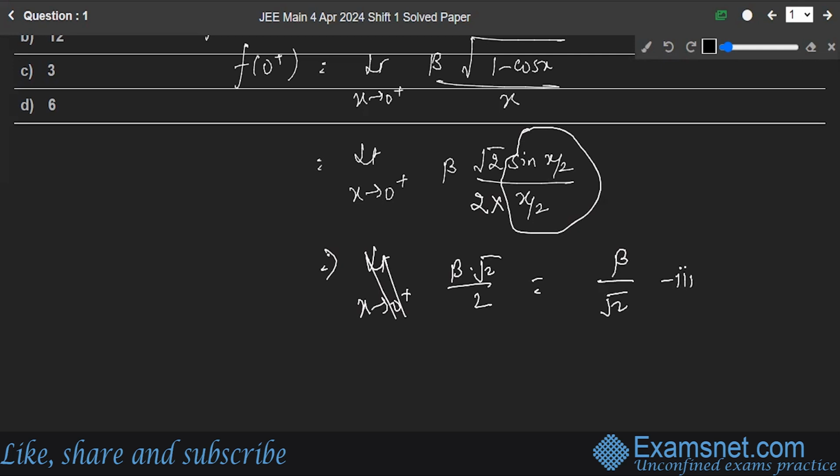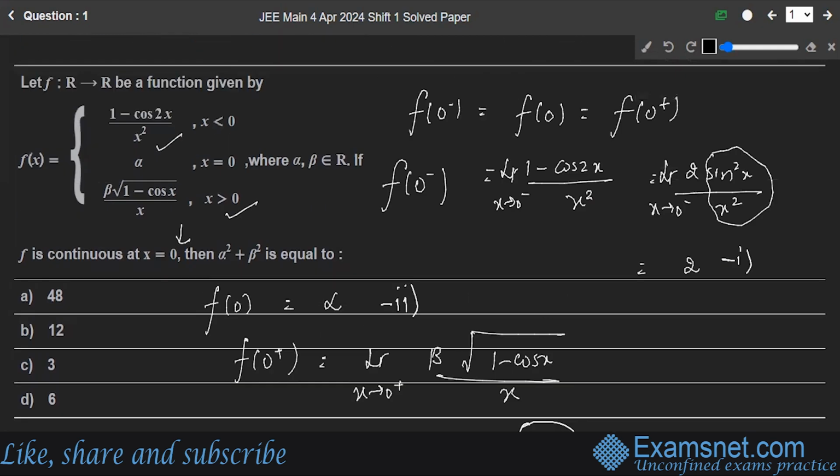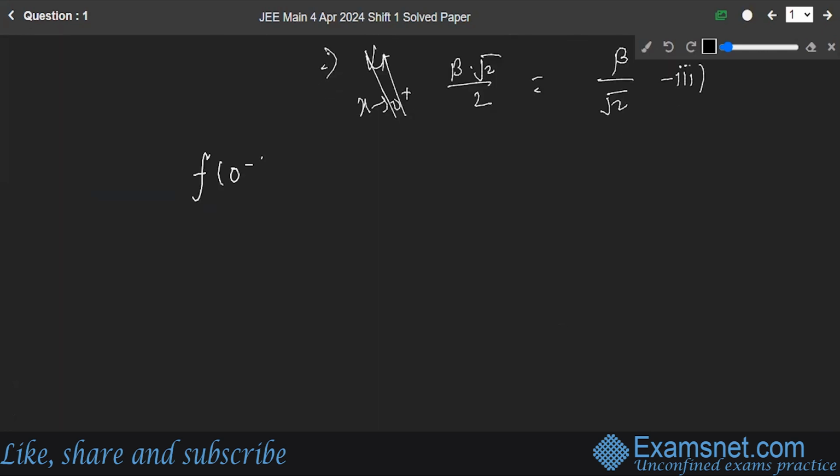Let's say this is 3 and this is 2 and this is 1. Because the function is given to be continuous at x is equal to 0, this is true. So f of 0 negative is equal to f of 0 is equal to f of 0 positive.